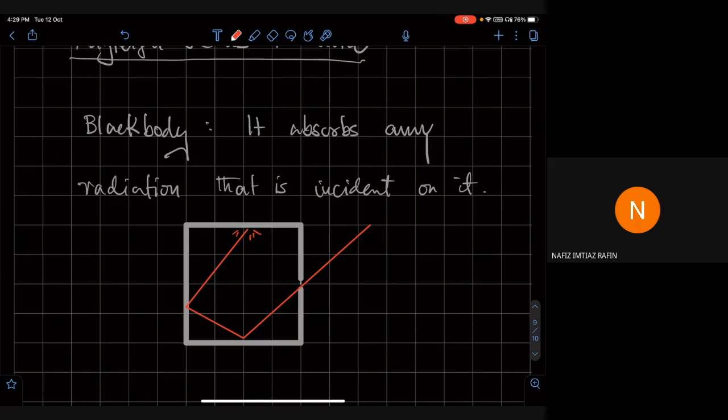No, it doesn't. I'm just describing the definition of how to create an experimental black body. But when you heat up a black body, it actually emits radiation in all the different wavelengths, but not with the same intensity at each wavelength. The intensity is different. Okay, I got it.